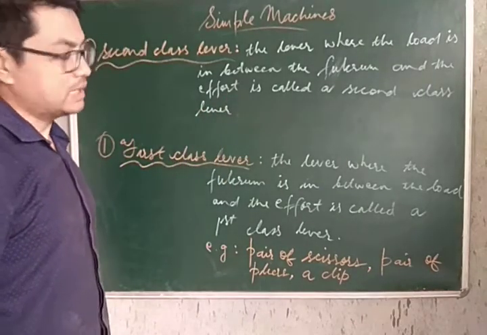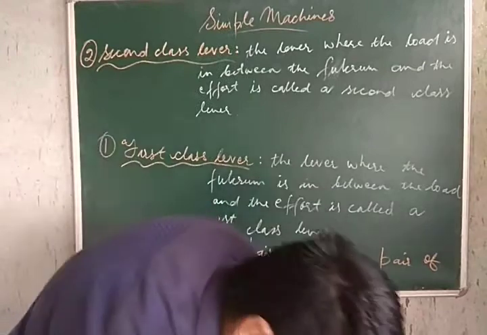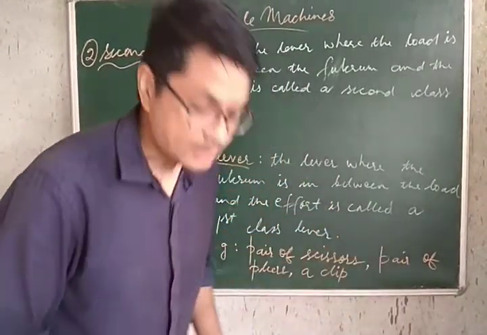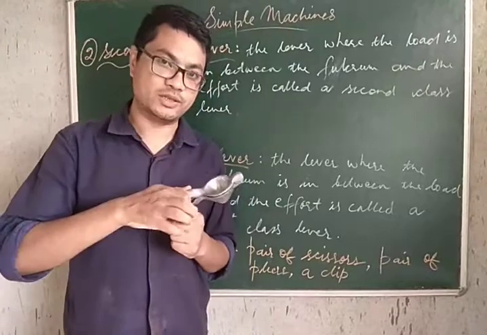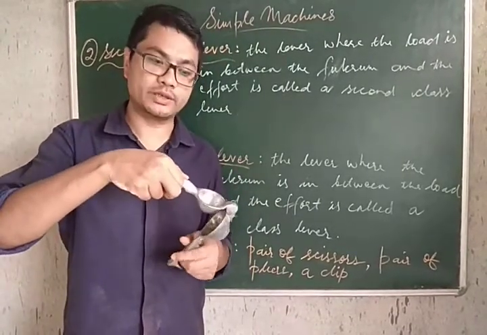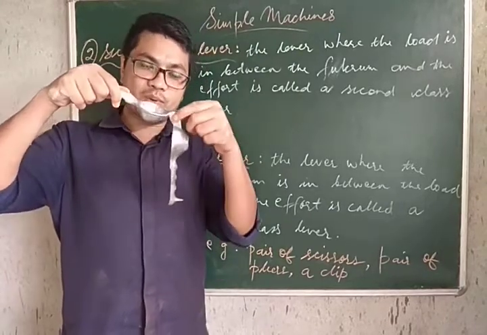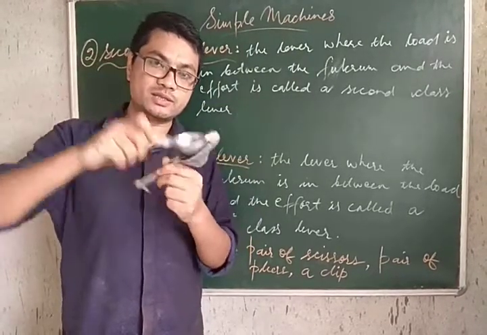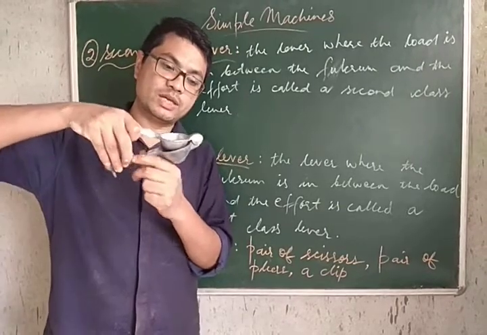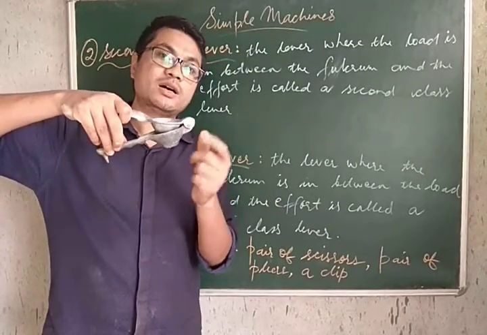Alright, okay. Now to give you some examples of second class lever, I have some second class levers over here. Like this lemon crusher or lemon squeezer, whatever you want to call it. This is the point about which this simple machine works, so this point is the fulcrum.